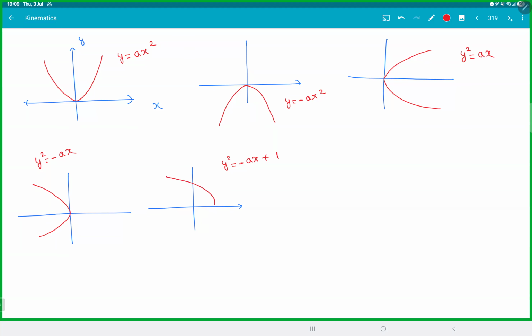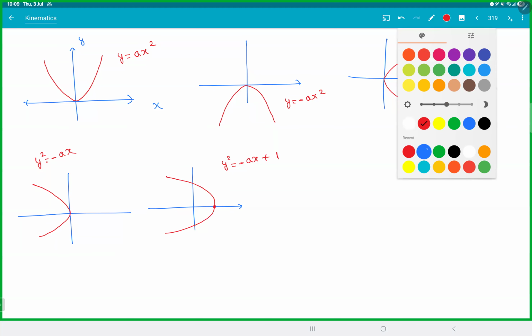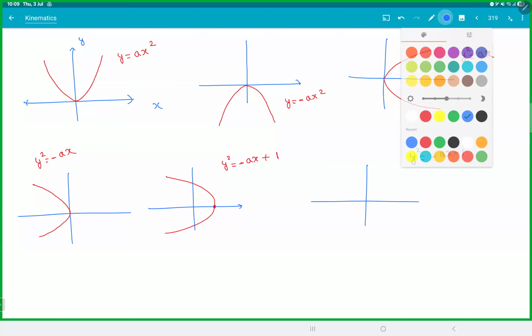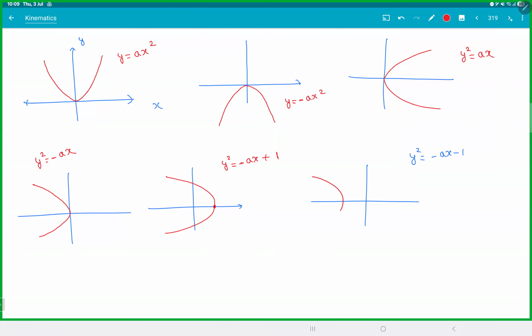You're just shifting the parabola to the right side by 1 unit. That is the meaning of plus 1. If you say y square is equal to minus ax minus 1, that means you're shifting the parabola by 1 unit on the left hand side. That is the meaning of this graph. So if you add a number to it, you're shifting the graph.